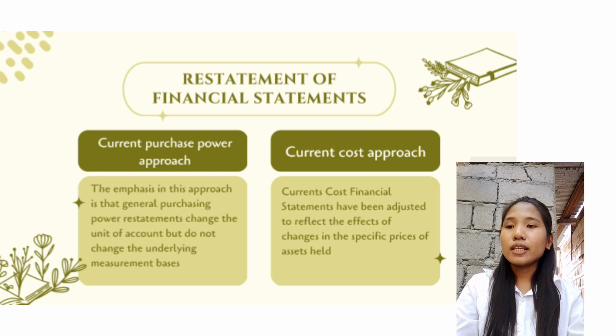The second one is the current cost approach. So current cost financial statements have been adjusted to reflect the effect of changes in the specific prices of assets held. The adjustment process is different in this approach, so an item's current cost or replacement cost at the balance sheet date is already expressed in a measuring unit that is current at the end of the period.